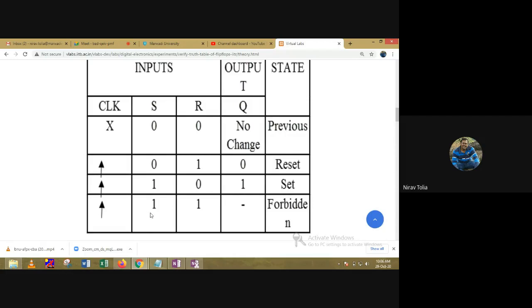And suppose if my S and R both are 1,1, then that state is known as the forbidden state, or invalid state, or indeterminate state. Anything you can say. Okay, so without applying the clock pulse, it will not work.